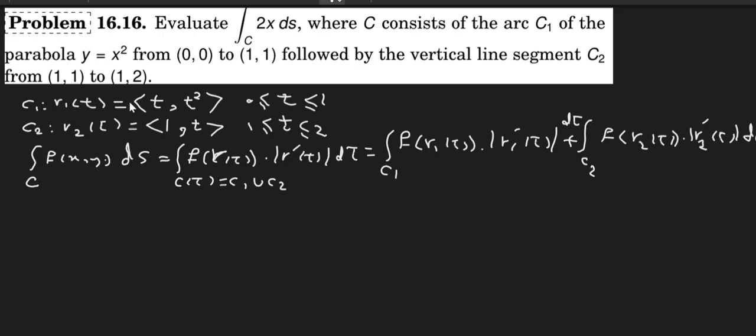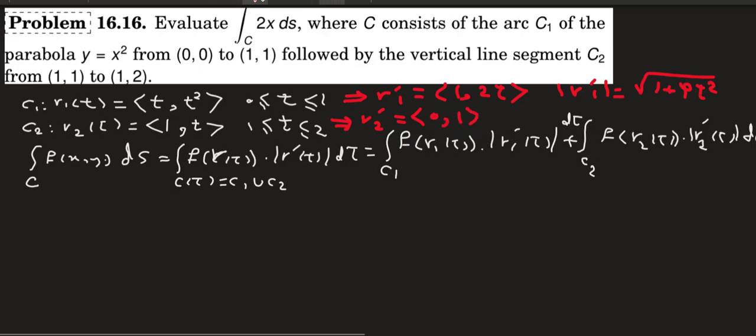First we compose f with r1, which gives this function. We take the derivative of r1 to get the arc length. So the norm of r1 prime will be the square root of 1 squared plus (2t) squared, which is the square root of 1 plus 4t squared. And for C2, if we take the derivative of r2, we get (0, 1), and the norm will be 1.